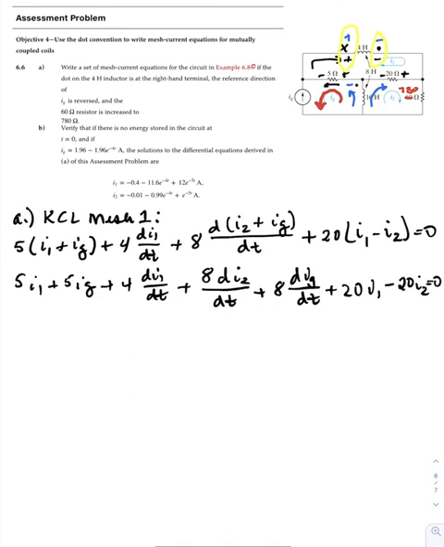Okay, let's combine everything. So I sub 1, 5, 25 I sub 1.